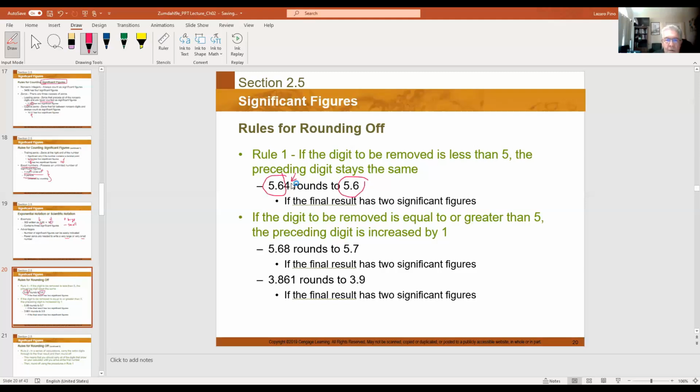You remove the 4. But if the number is 5.68 and you have to round to two significant figures, the first number that you have to skip is higher than 5. Then you round up and your number is around 5.7.